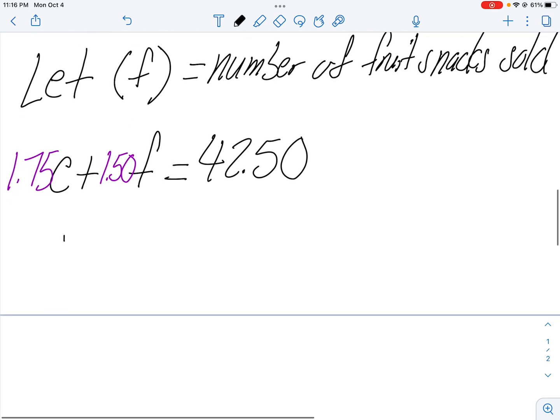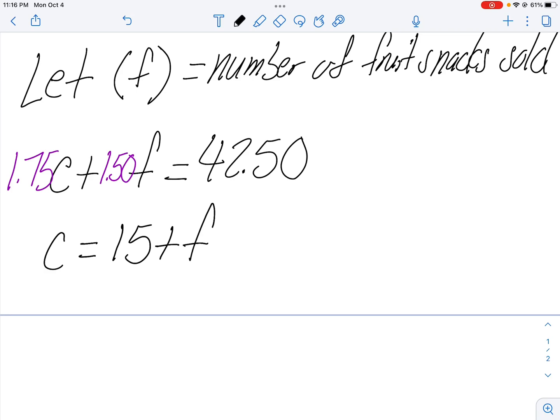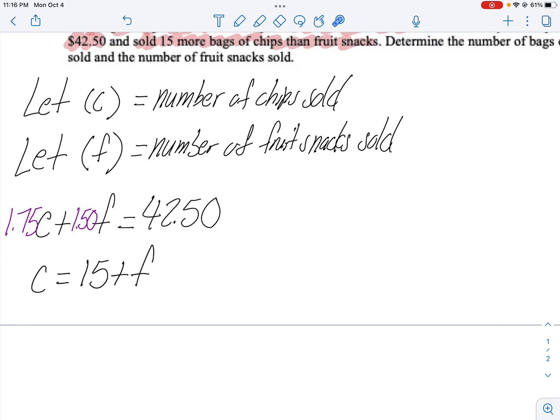So C is equal to 15 more bags of chips than fruit snacks. So it's 15 plus the fruit snacks, right? If she sold 10 fruit snacks, 15 plus 10 is 25 would be chips. Yeah, that looks right.